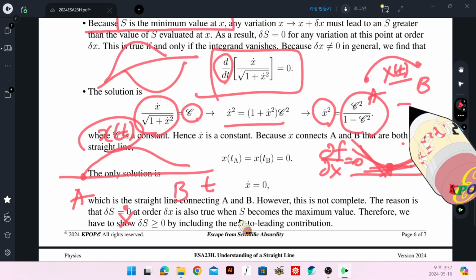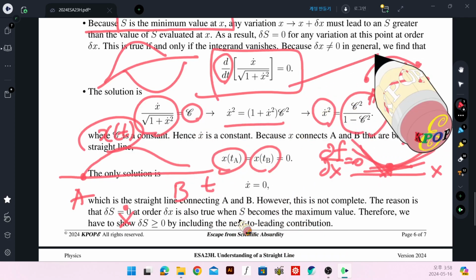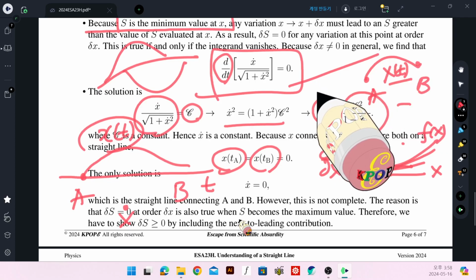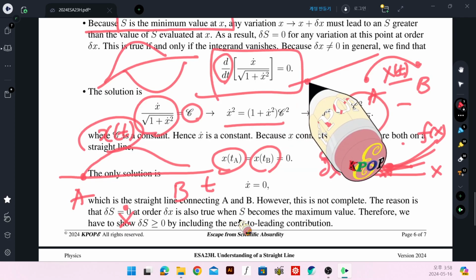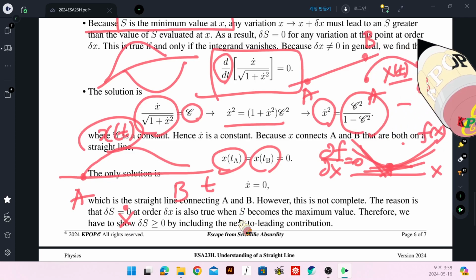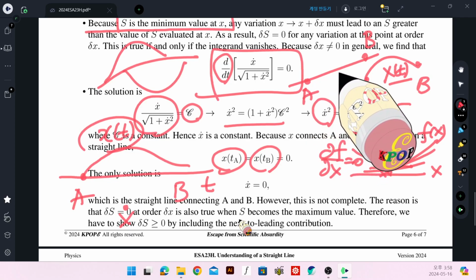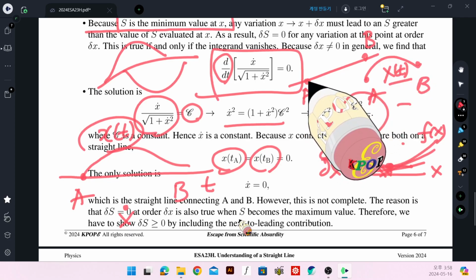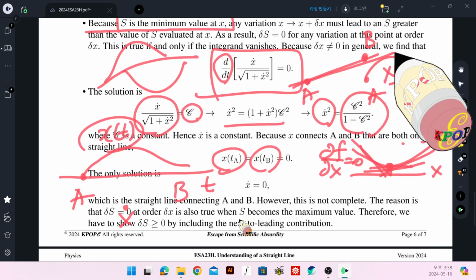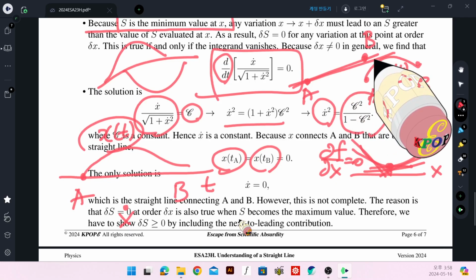That means the slope is constant, but we have chosen the two endpoints A and B along the x-axis. So that was the straight line. The curve should not be broken. They are connected, and the slope is constant all the way from A to B. That means the slope is just flat, and the curve connecting A and B is nothing but a straight line.